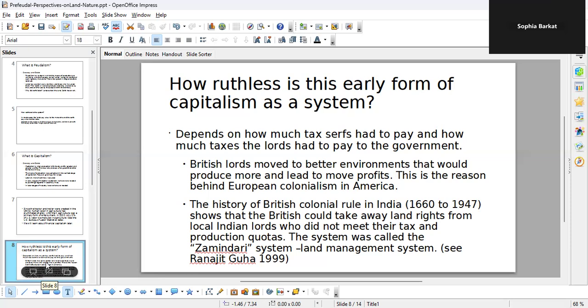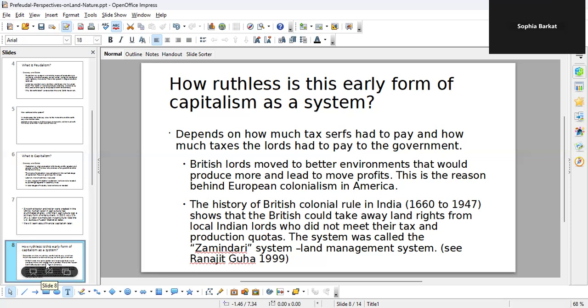So, the history of British colonialism also tells us about the nature of how the tax system worked, and what happened if you did not pay taxes. If you look at British colonial rule in India between 1660 and 1947, you can see that the British government could take away land rights from the local Indian lords who did not meet the tax and production quotas.